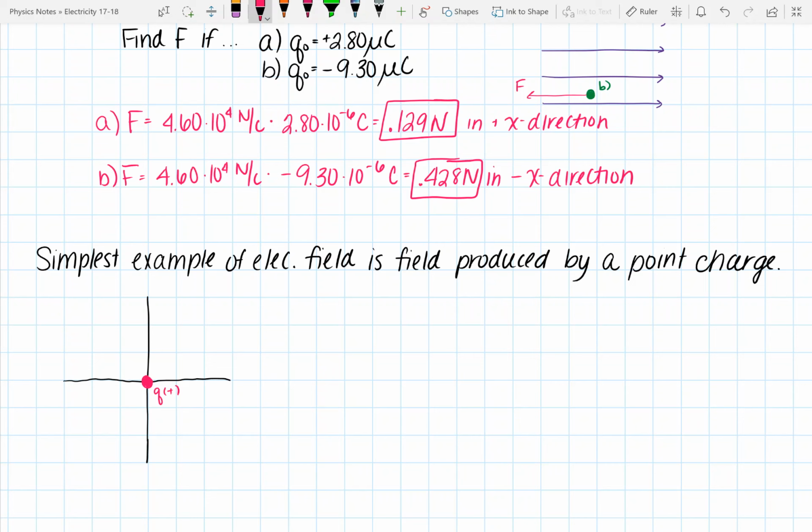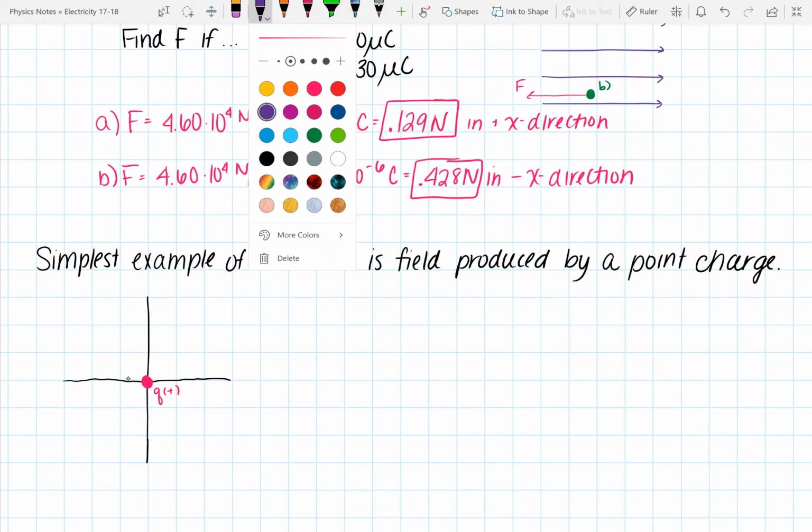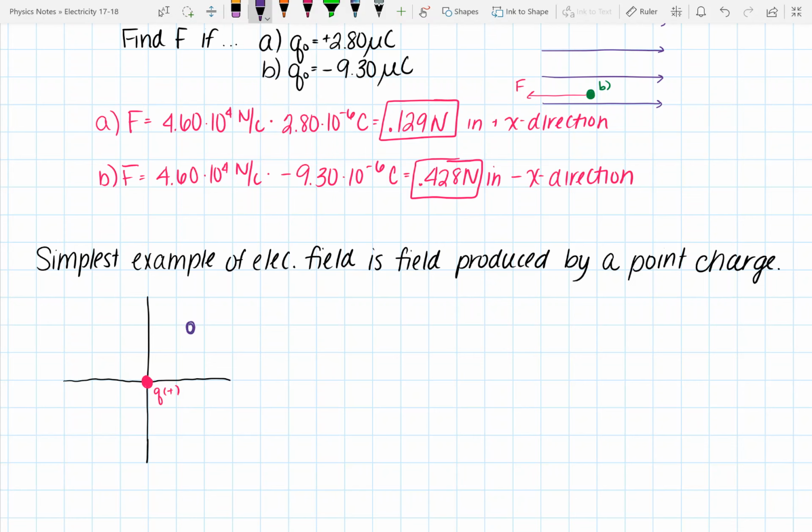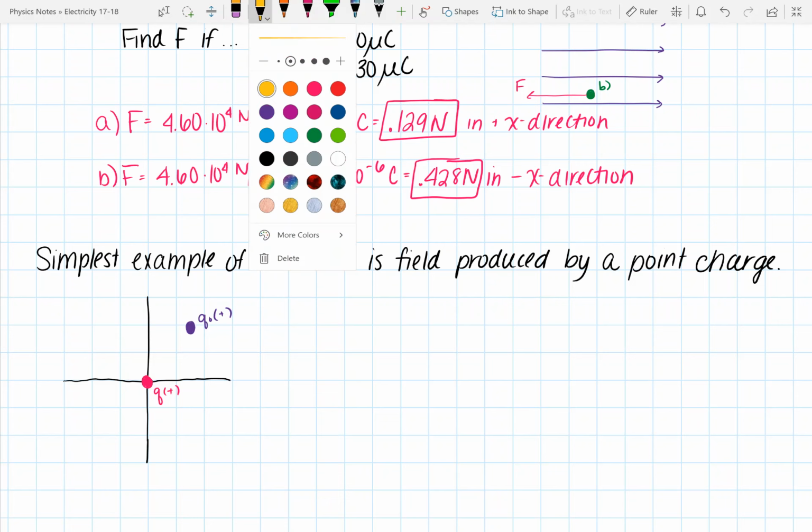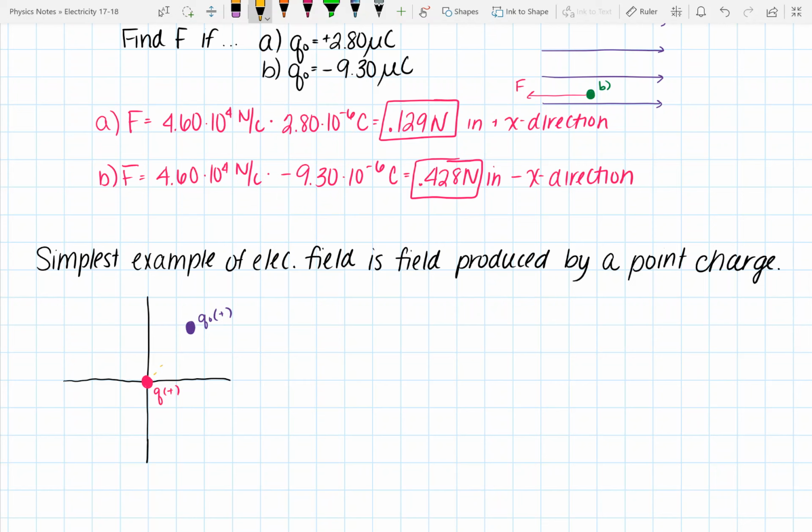And then I put a test charge, Q0, and let's suppose that Q0 is also positive, and it's some distance r. So this distance doesn't really matter.